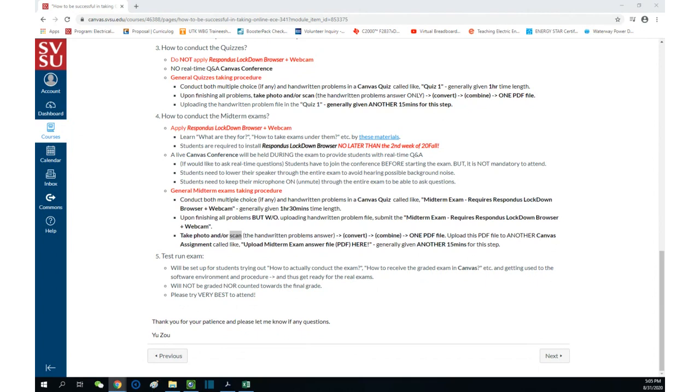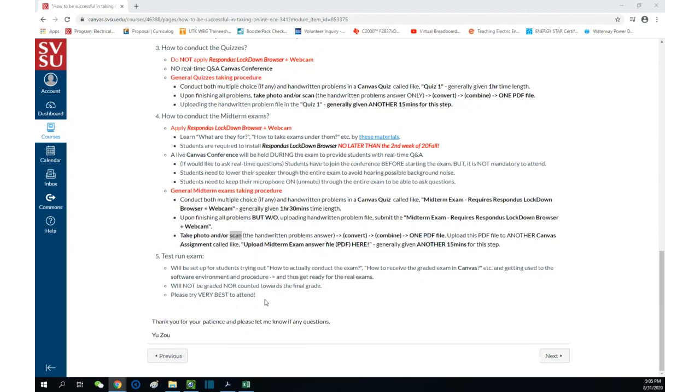It's very real. So you need to be very time sensitive and also get every tool ready. This is the general midterm taking procedure.